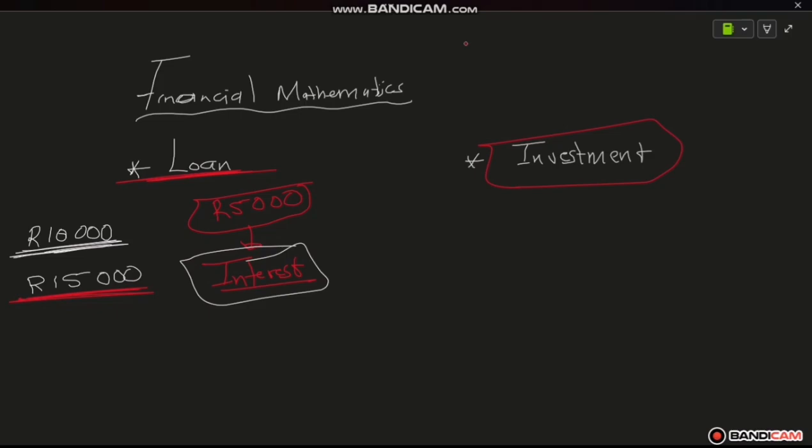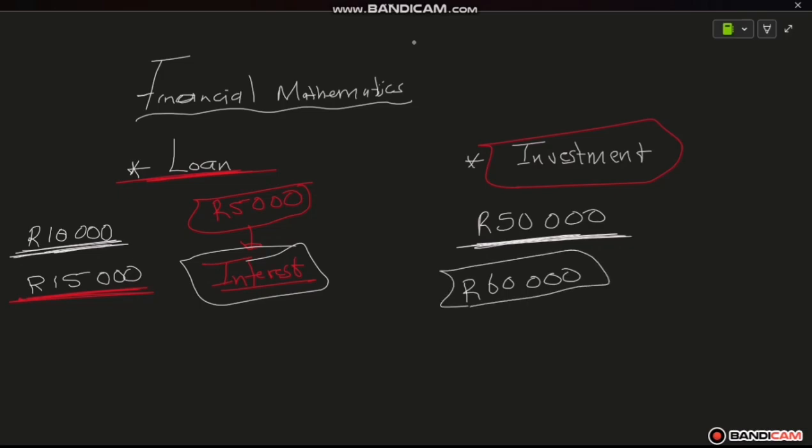So in an investment, let's say Olwam, for an example, invests 50,000 to a financial institution or to a company. Then after 3 years, or after a year, he gets 60,000. So this 60,000 is known as the accumulated amount or the future amount that Olwam will get after investing the 50,000.